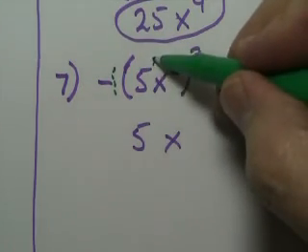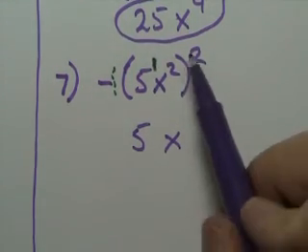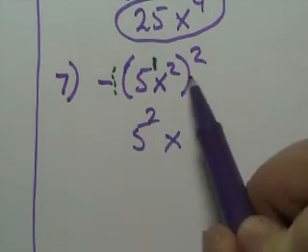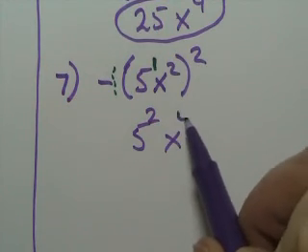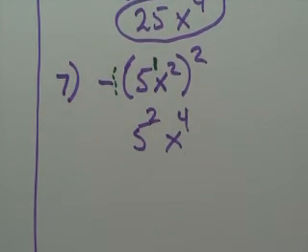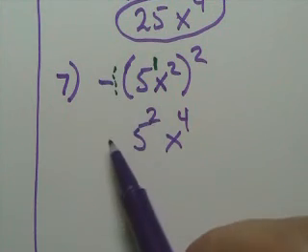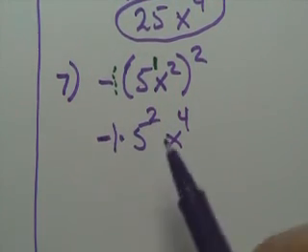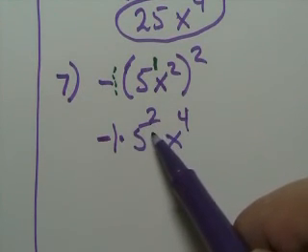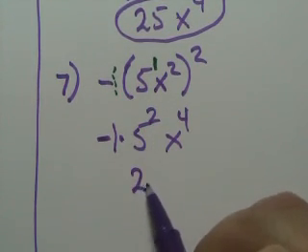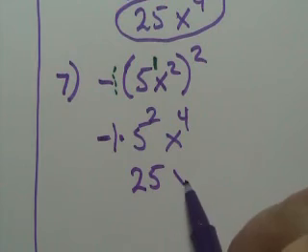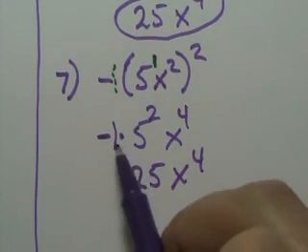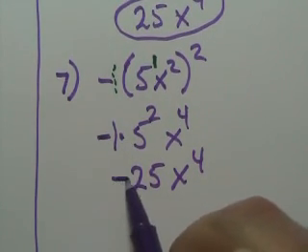There's the invisible 1 up there. 2 times 1 is 2, 2 times 2 is 4. And then we have this negative 1, or you could think of it like that. So we have 5 squared, 5 squared is 25, and x to the 4th. And then we have a negative 1, so it's just negative.